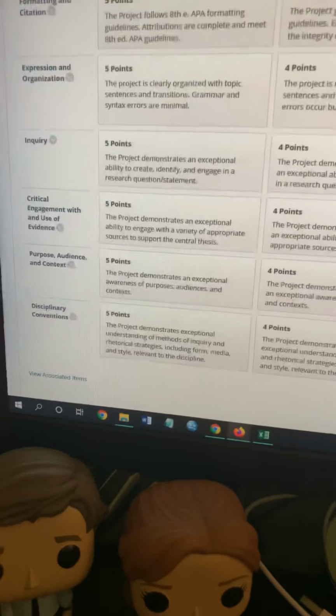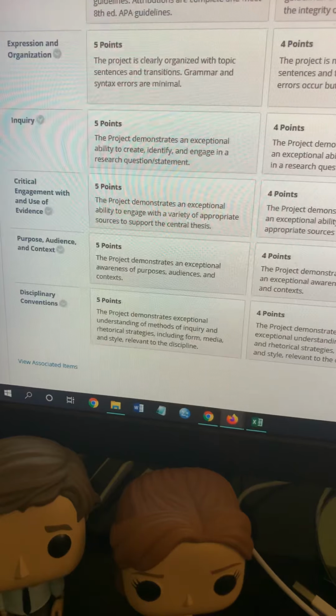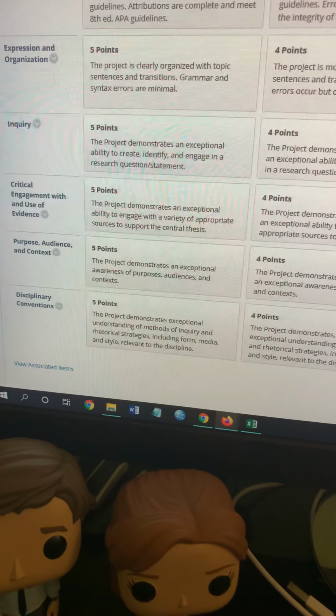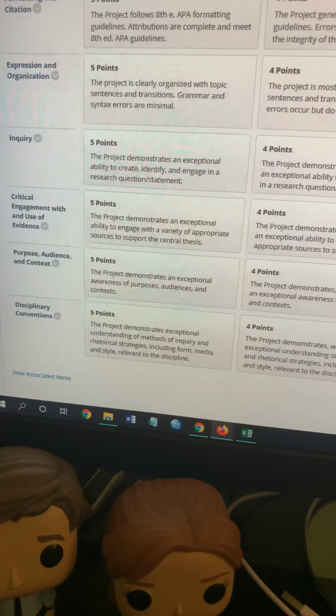And then finally, disciplinary conventions. So this project demonstrates exceptional understanding of methods of inquiry and rhetorical strategies, including form, media, and style relevant to the discipline. So in other words, you're following disciplinary conventions that are standard in your field. You're not, like I said, coming in and saying, F this, F that.